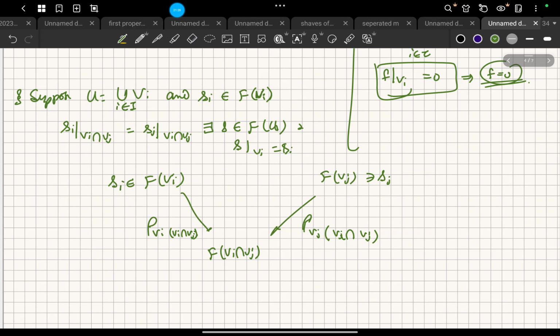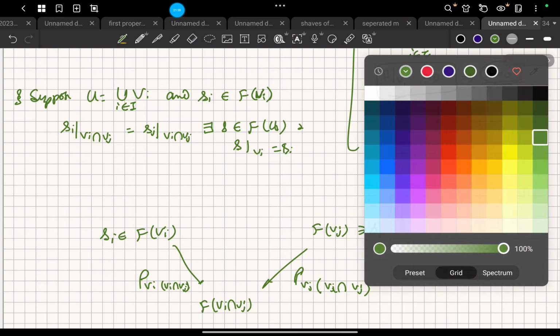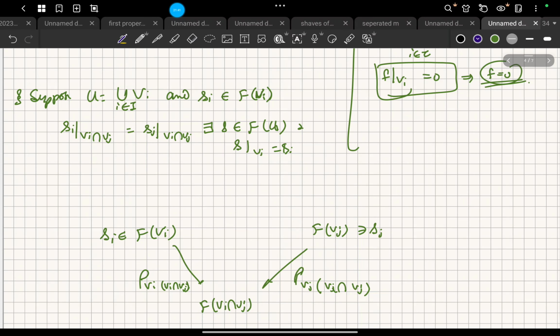That means, let me take it down, here I have U, and F of U to F of Vi, and there are always maps rho U Vi and rho U Vj. Now there is a map small s in F of U such that it agrees at both the components. So the entire diagram should commute.